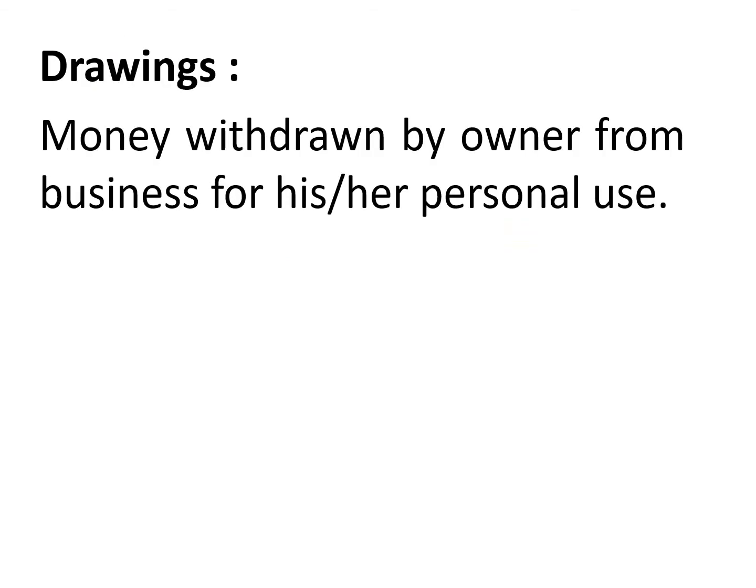Next we have a new keyword, drawings. Drawings are the money which is withdrawn by the owner from the business for his or her personal use. The money the person has invested is known as capital.